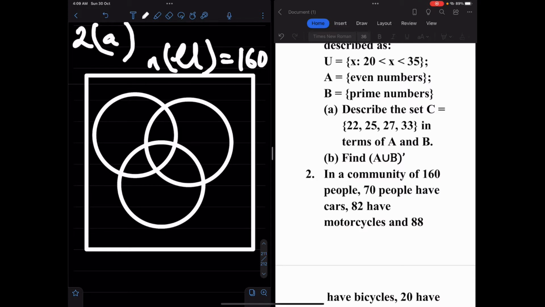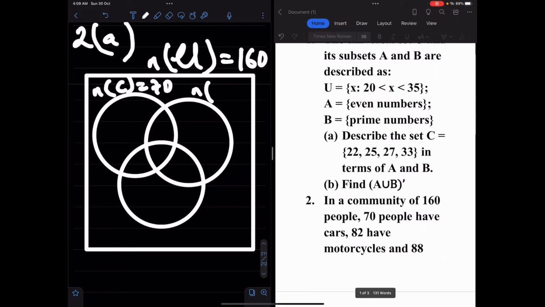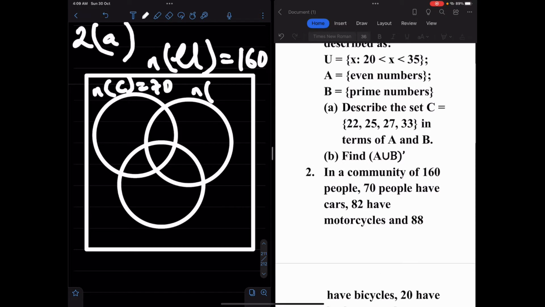Now, 70 people have cars. Let me use C for cars. That means the cardinality of the set C is 70. And 82 have motorcycles. Let M represent the set of people who have motorcycles. The number of elements in the set M is equal to 82.